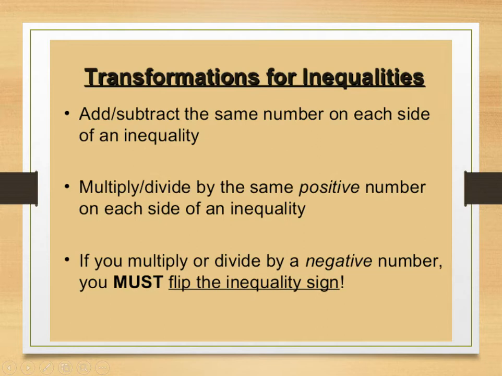But the most important thing is, if we multiply or divide any inequality by a negative number, then the sign of the inequality will flip. Again, I am repeating this last point. If it is less than, we change it into greater than, and if it is greater than, we change it into less than.